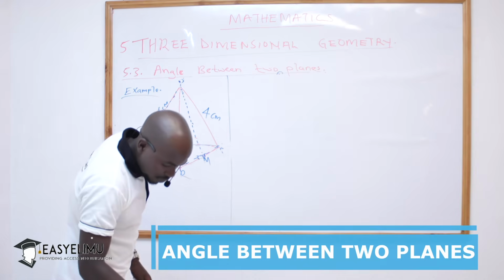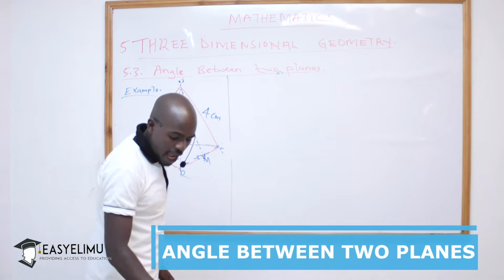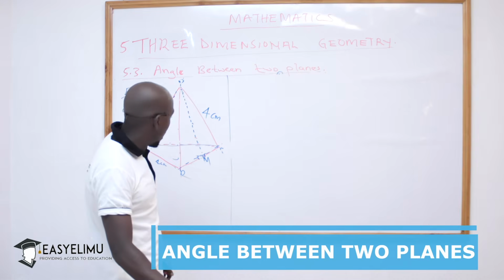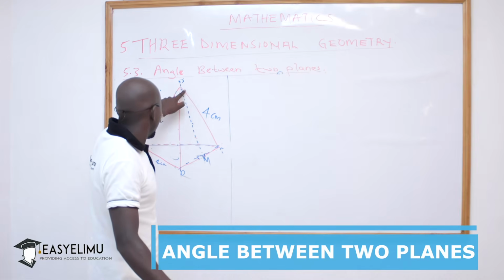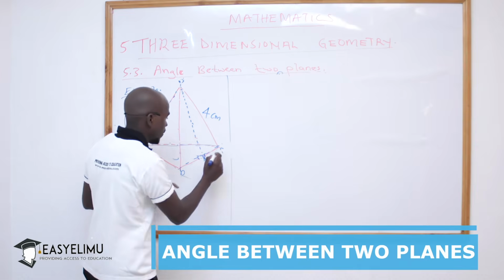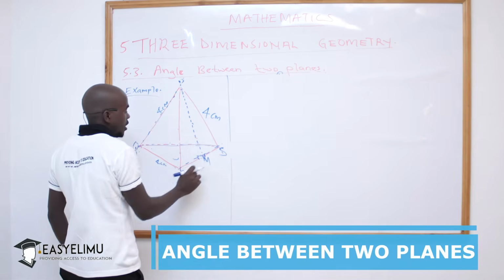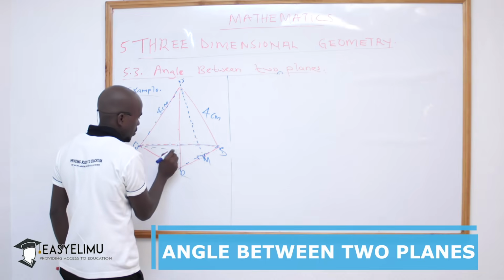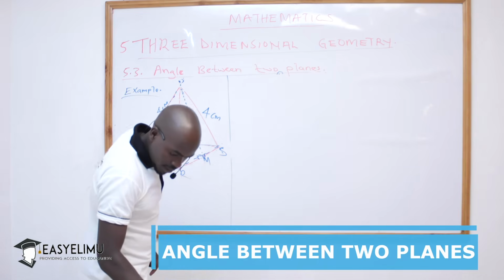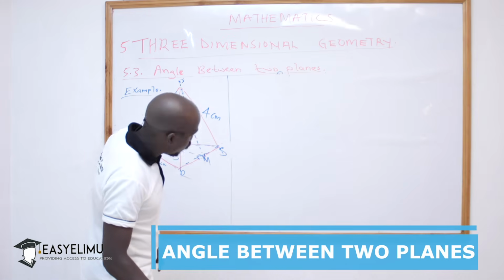We have finished that. Calculate the angle between planes PSR, where PS is here, R. Now this is the outer plane, and QRS.